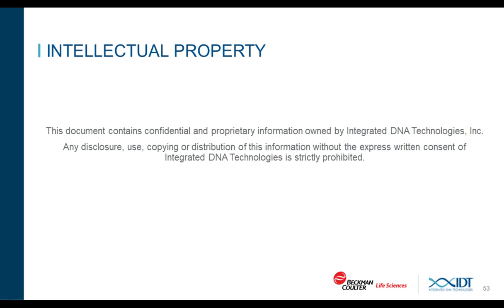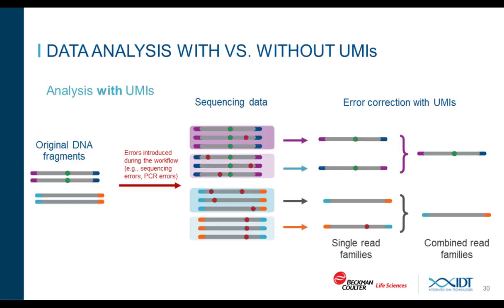I can take that question, and let me go back up to one of my previous slides since it has a nice infographic to explain this. Here is the infographic showing how UMIs can be used for error correction. Remember, on the ends, the colors represent the UMIs.